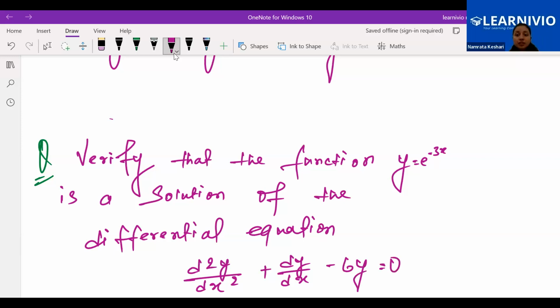We have to check whether the given y is equals to e to the power minus 3x. Is it a solution for the given differential equation? Yes or no? We have to verify that.